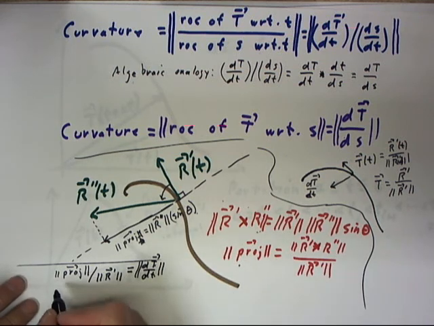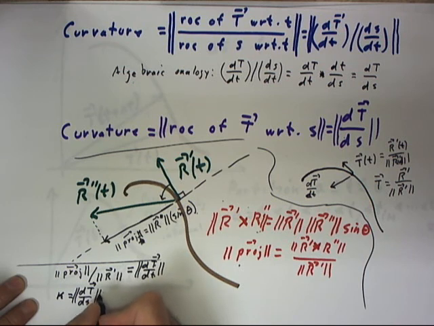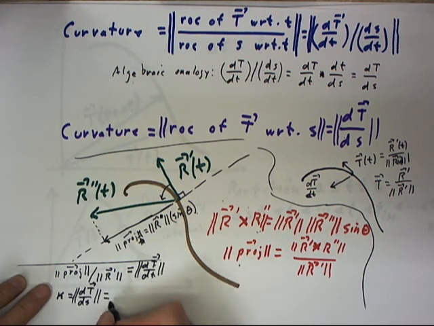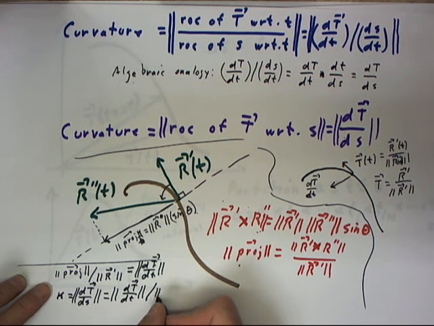Okay? And then the curvature, which is the magnitude of dT ds, is going to be the magnitude of dT dt divided by the magnitude of ds dt.